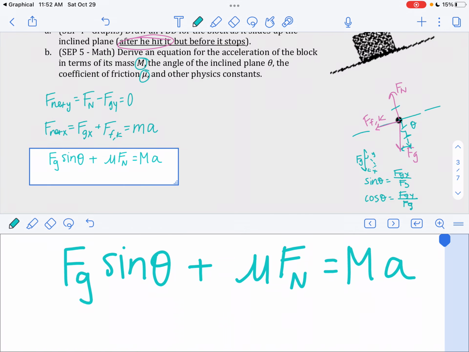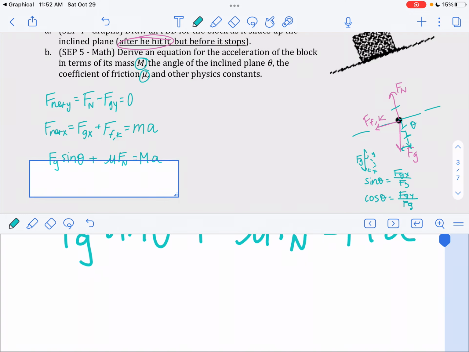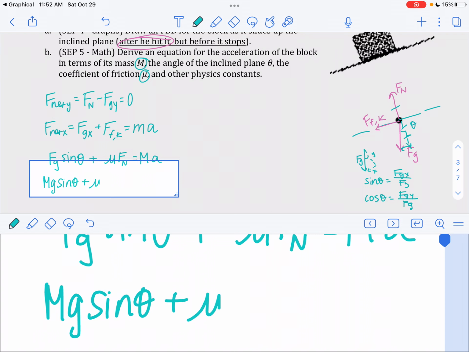But right now I have an expression that has FG that's not allowed and Fn that's also not allowed. And so I need to get rid of FG and I need to get rid of Fn. Well, I can get rid of FG by saying mg. But I need to figure out how to get rid of Fn.